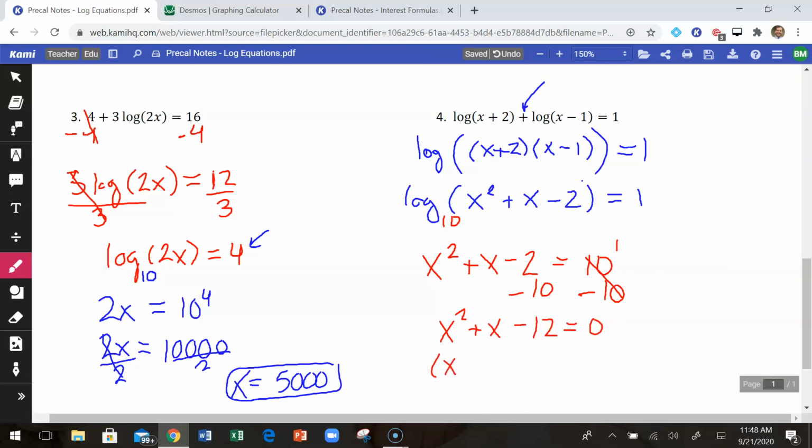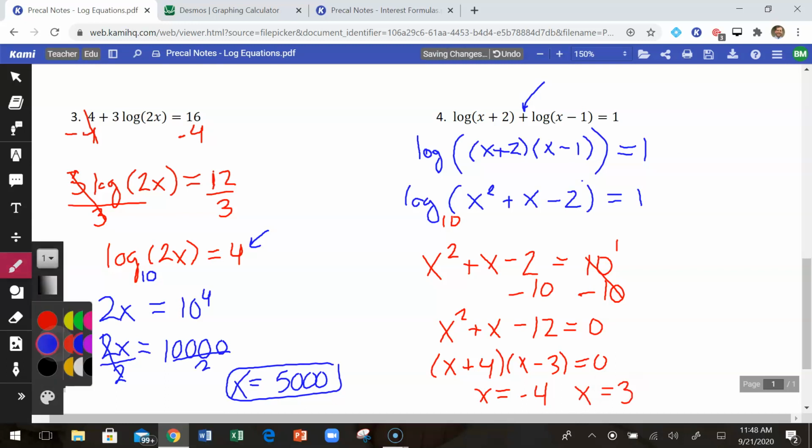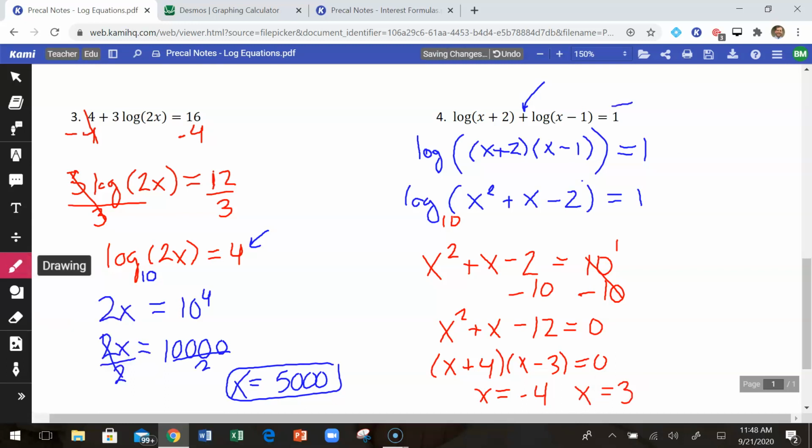This factors as x plus 4 and x minus 3 equals 0, which means we get x equals negative 4 and x equals 3. Now you do need to be careful here. Go back to your original equation. Remember that with logarithms, the domain is usually 0 to infinity, but the idea is that you can't have 0 or any negative number inside of your log.